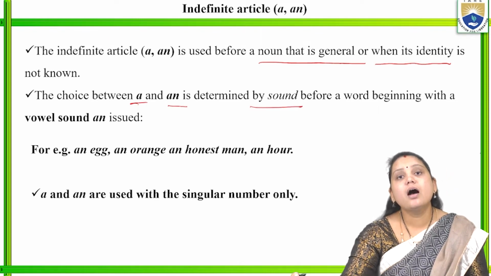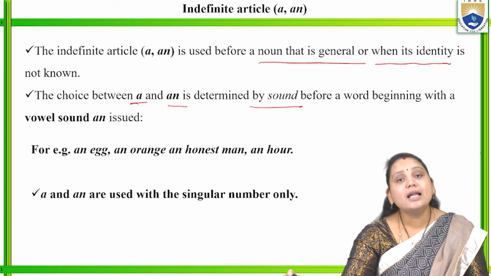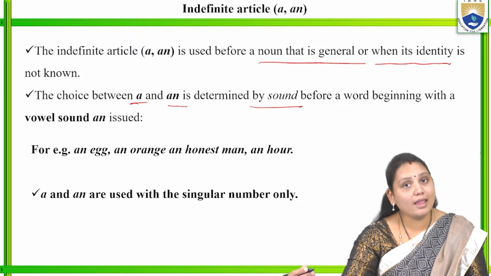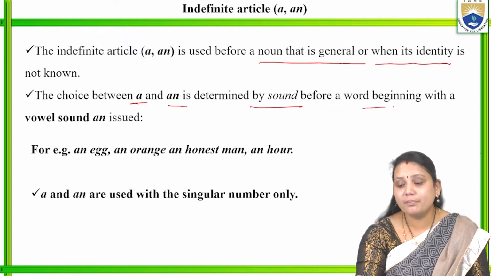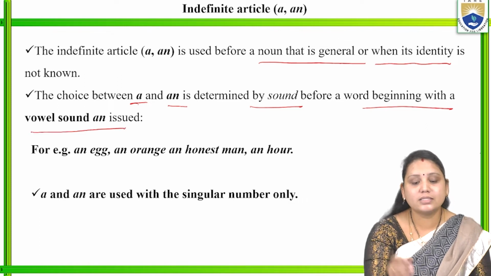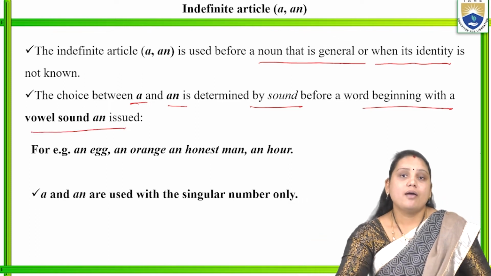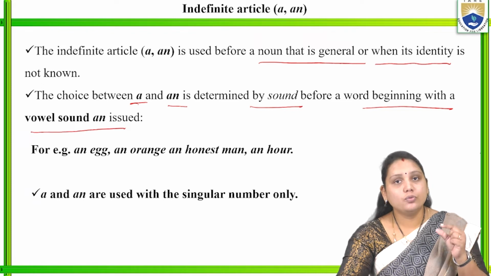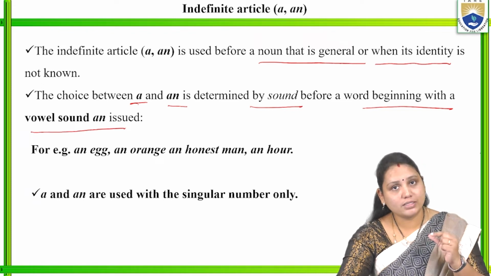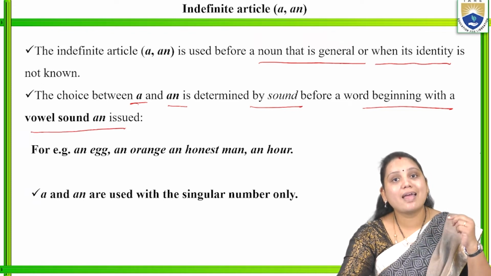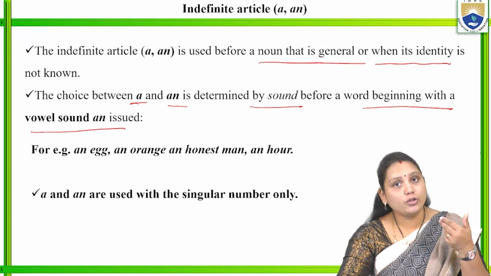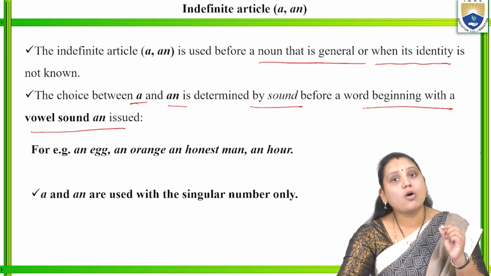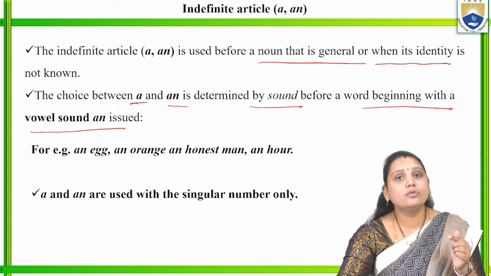The sound of the word decides whether you are going to use 'a' or 'an'. Which sound? The beginning vowel sound. When we are using a word with a vowel sound, you have to use 'an'. But when you are using the sound of consonants, you can use 'a'.